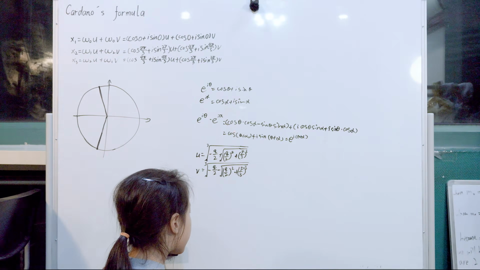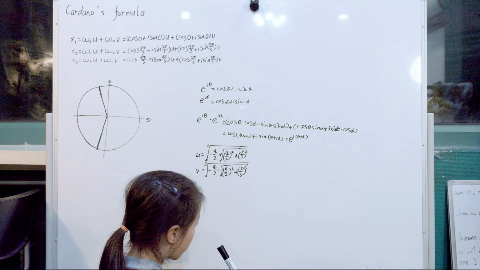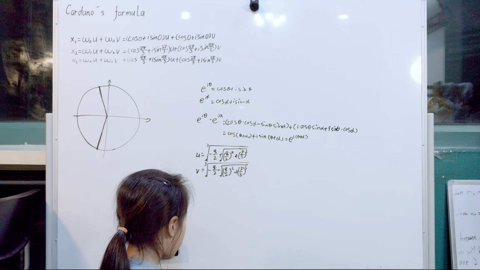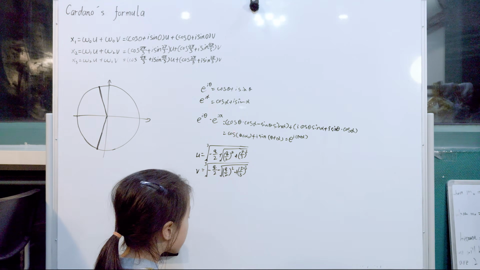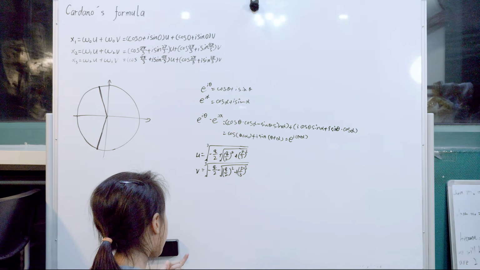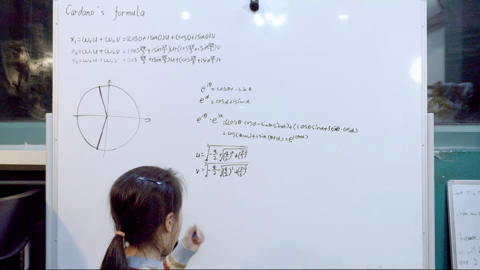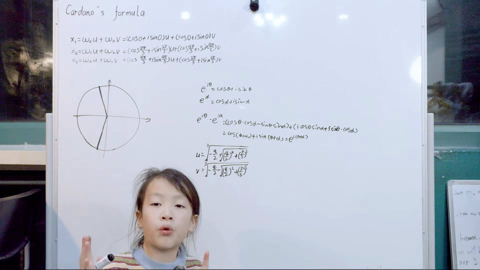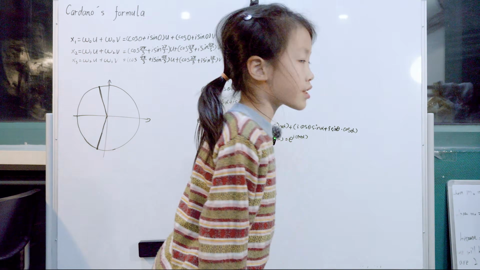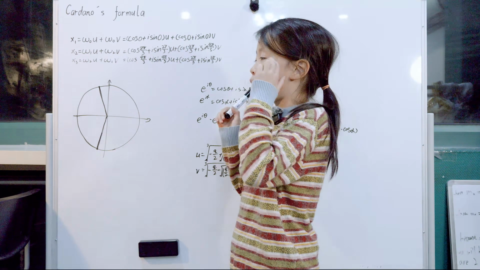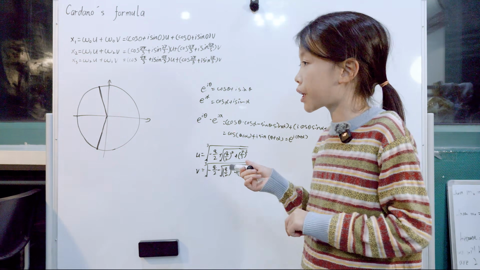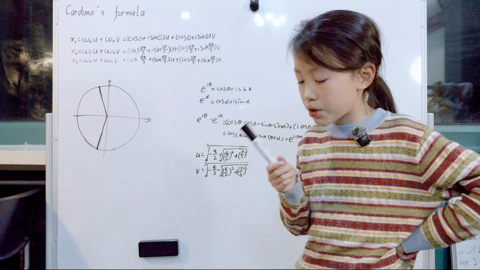How can you calculate rho, the modulus? Square the two parts, add them together, and take the square root. Squaring, it doesn't matter whether it's positive or negative, so their modulus when delta is less than 0 is the same. The difference is in alpha 1 and alpha 2.